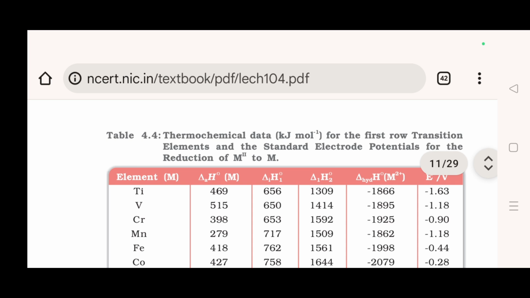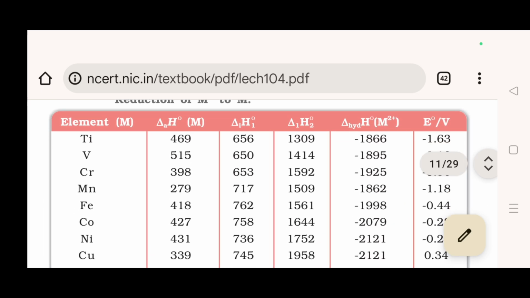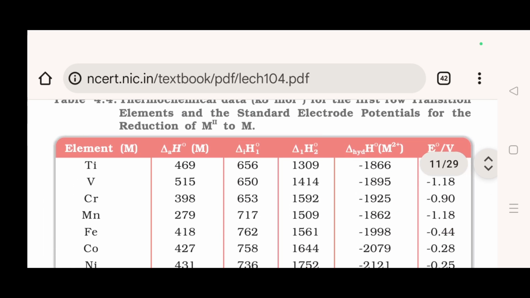Now Table 4.4 gives us the thermochemical data in kJ mol^-1 for the first row transition elements and the standard electrode potential for the reduction of M2+ to M. The elements are titanium, vanadium, chromium, manganese, iron, cobalt, nickel, copper, zinc.